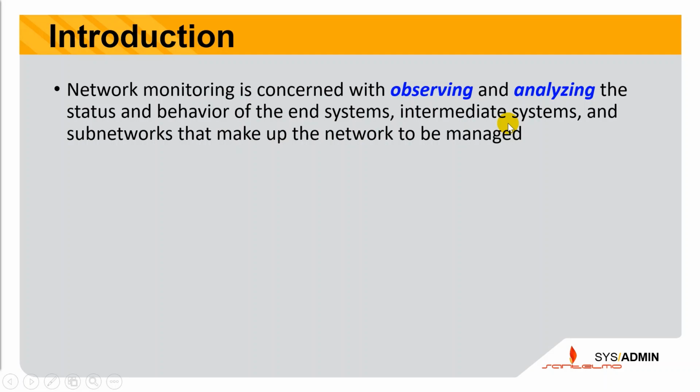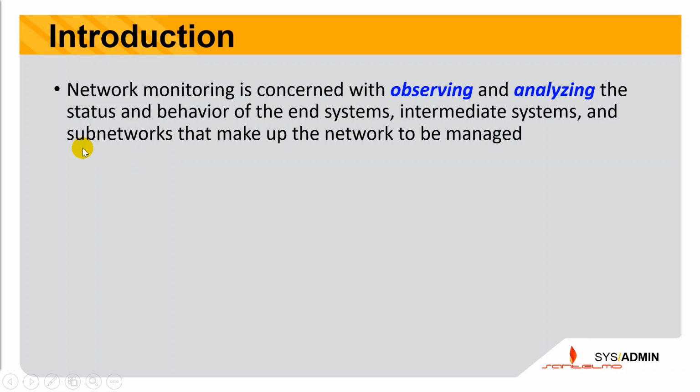Intermediate systems pertain to the devices that are situated between the end systems or end devices. This includes routers, switches, firewalls. Those are intermediate systems. Layer 2 or layer 3 switches. And subnetworks, pertaining to the VLANs that make up the network to be managed.